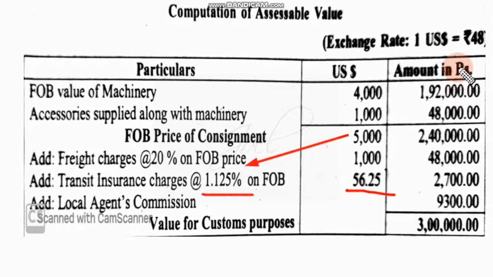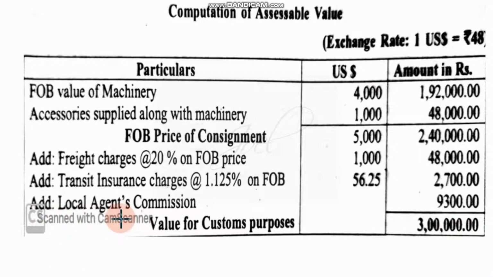In dollars we will get. So that value we are multiplying with 48, then you will get a value. That value is rupees 2700. So this is the one more item regarding transit insurance.